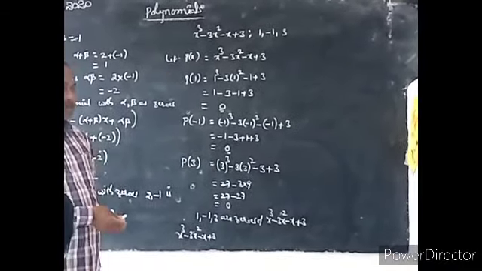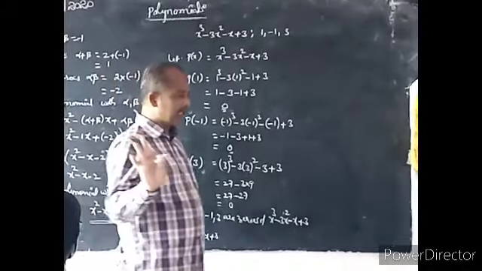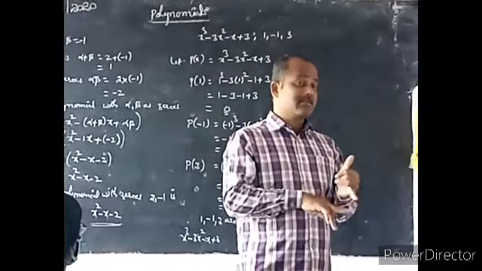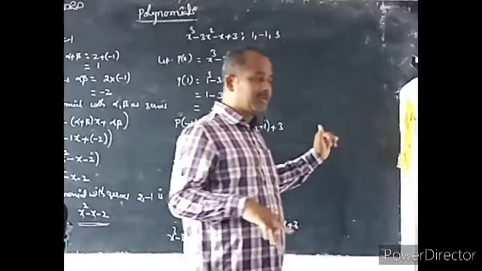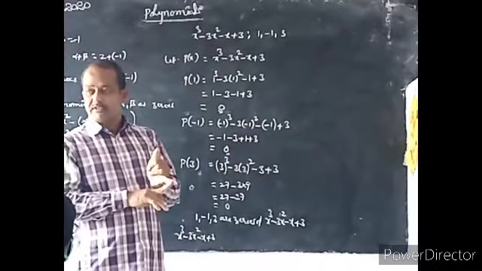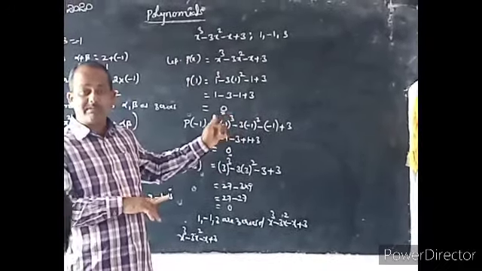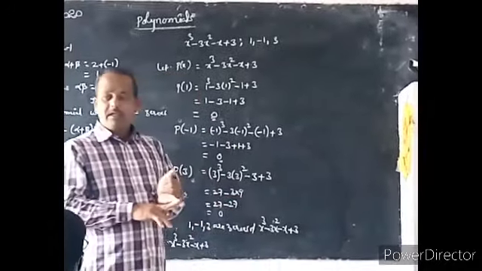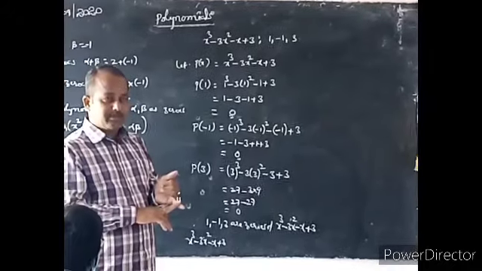In a cubic polynomial, sum of zeros is minus b by a. That means minus b is nothing but minus of the coefficient of x square, not x. It is a cubic polynomial. In a quadratic polynomial, that is x coefficient, but in a cubic polynomial it becomes x square coefficient, by coefficient of x cube.